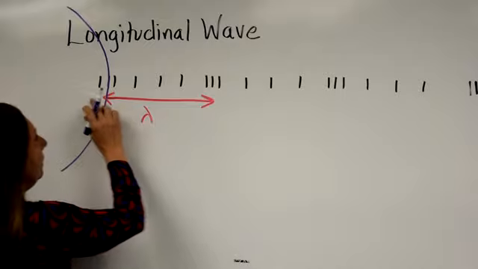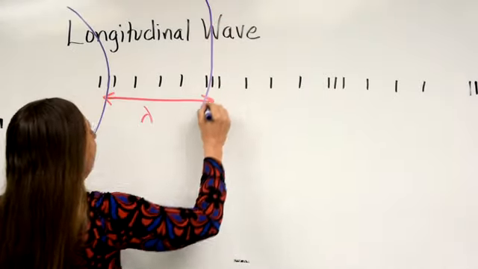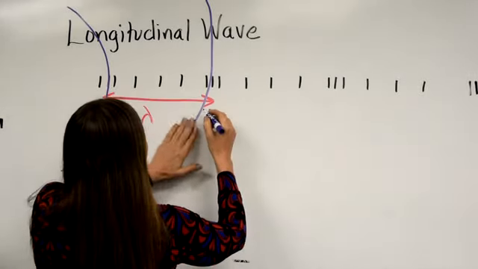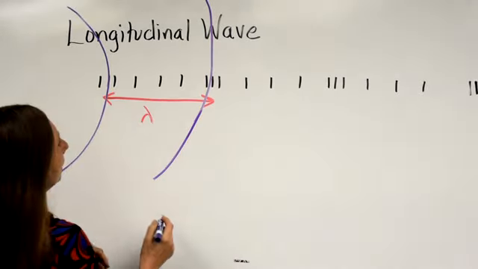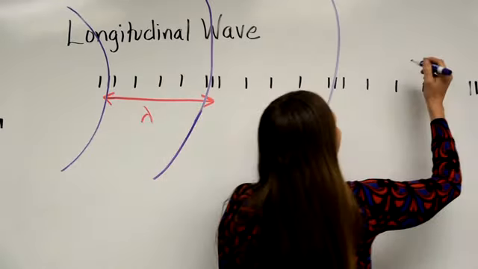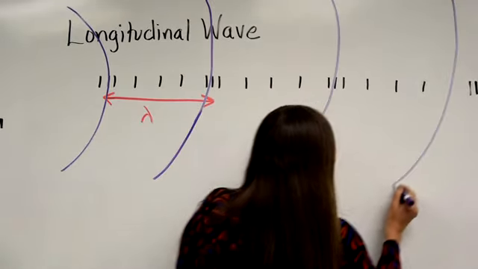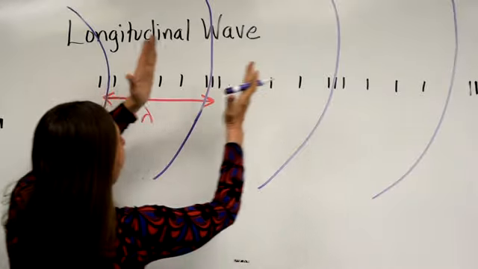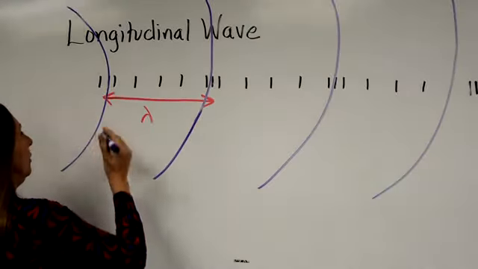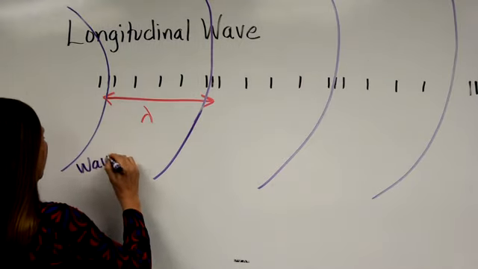So I'm going to put a line there, a line there, I'm doing it like a semicircle, part of a circle, a line there, a line there, and there would be another one out here someplace. I'm trying to keep the wavelength uniform. So I'm showing, these are called wave fronts.